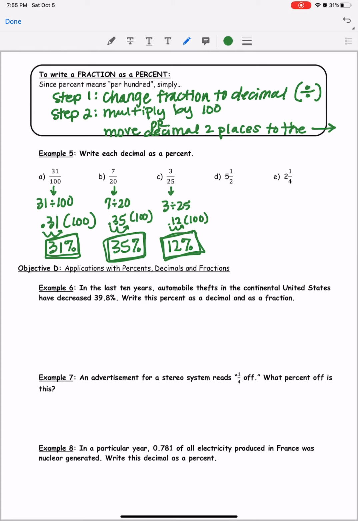Okay, let's change this one here to an improper fraction. So to do that, we're doing 5 times 2 to get 10 plus the 1 to get 11. Keep that all over the same thing. So now in your calculator, we're doing 11 divided by 2.